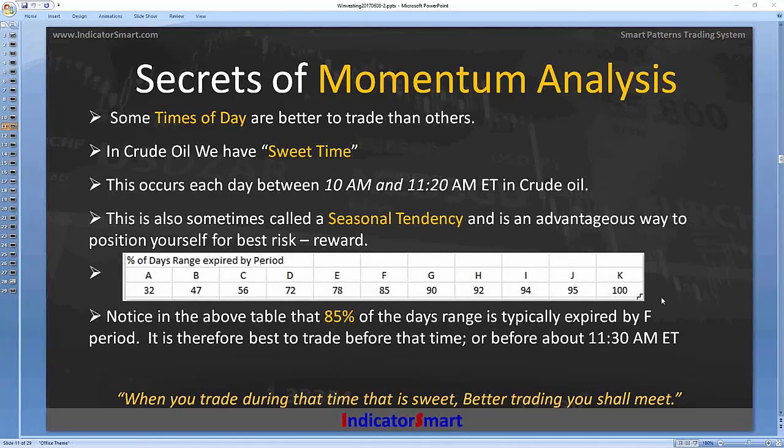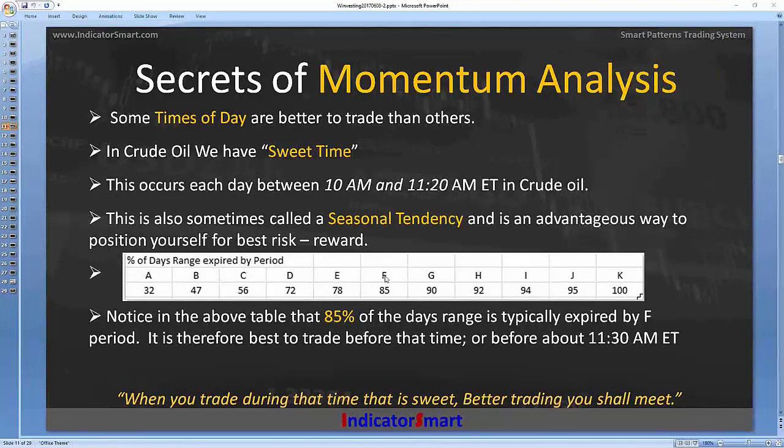The interesting thing is, there are 5 periods here, and 5 periods over here, and F is in the middle. By F period each day, you've used 85% of the day's range, usually.